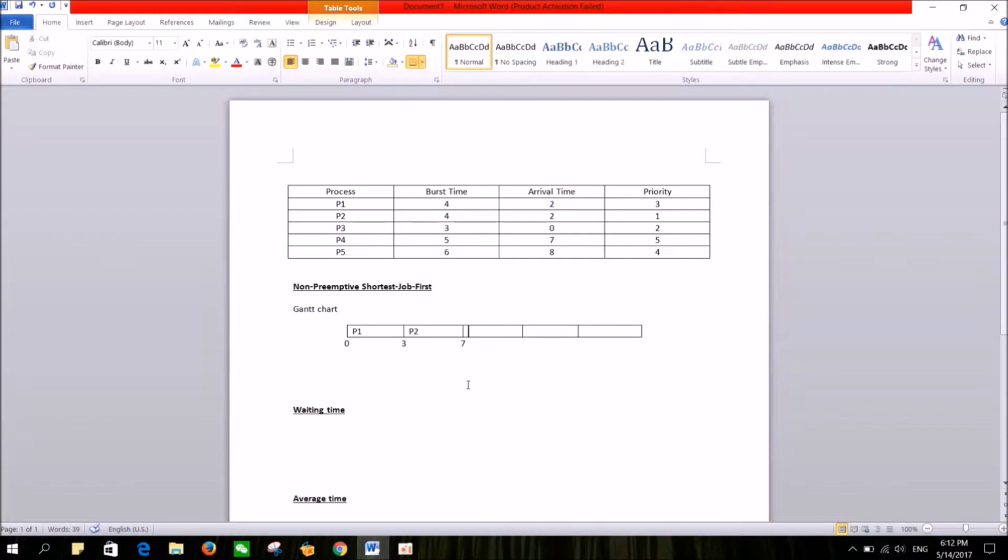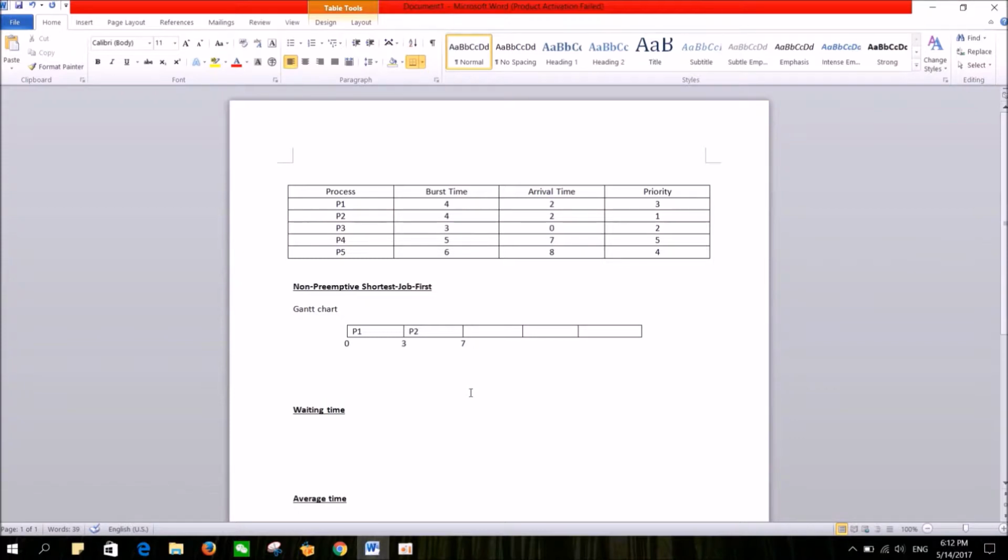So P2 will be executed with 4 ms. After P2 finishes its execution, the next process will be P1. Maybe some of you are curious why we do not choose P4 but P1. It's because P1 has the lower arrival time compared to P4.